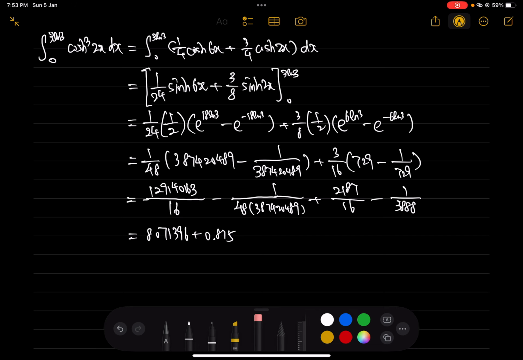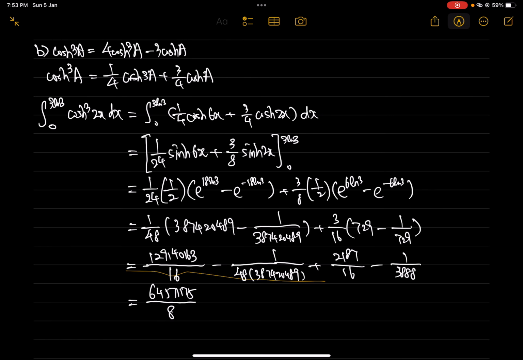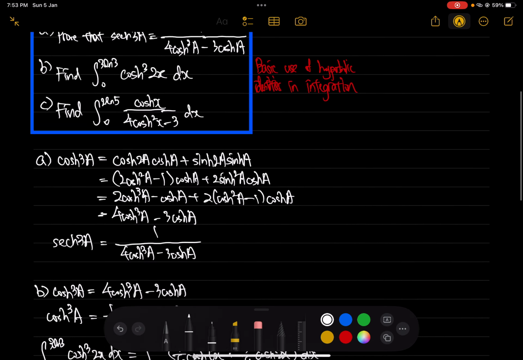So okay, now I can get the exact fraction after all these years, over 8. And that's it for part B. Just some hideous calculations, but nothing insane.